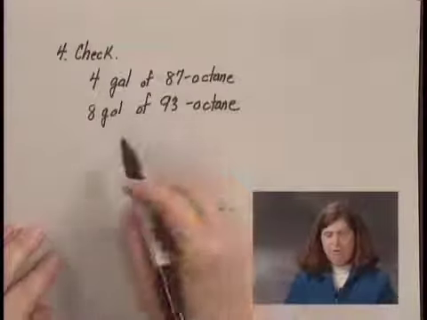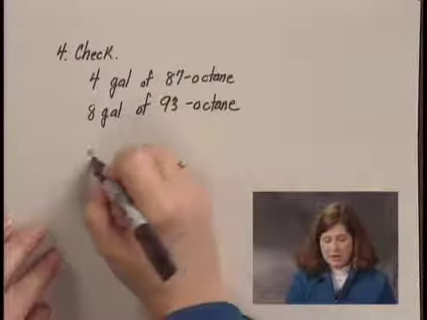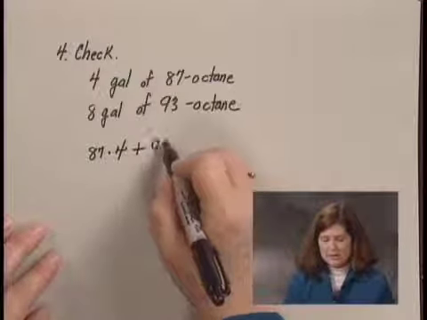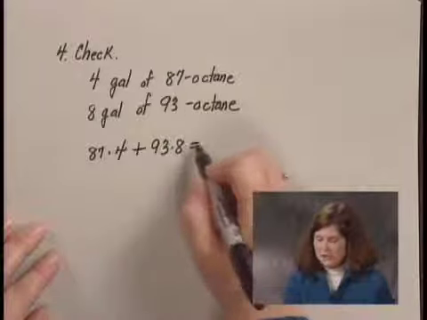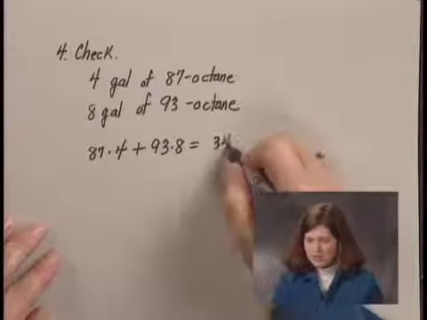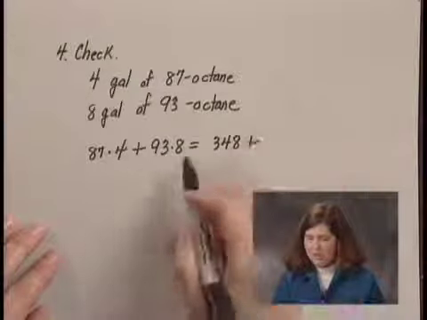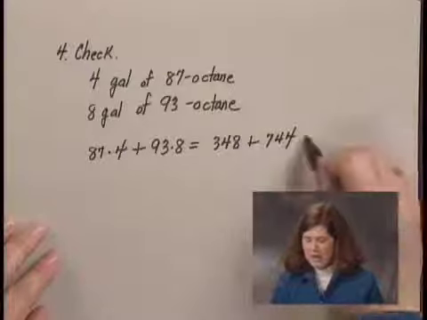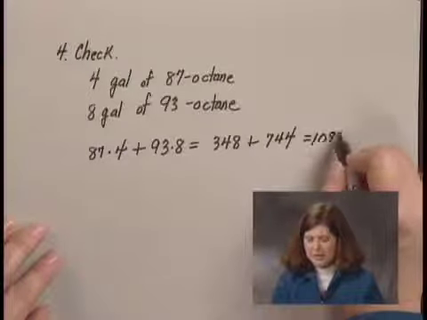Also, let's check the octane rating: 87 times 4 plus 93 times 8. If I multiply 87 times 4, I get 348. Multiply 93 times 8, I get 744. And when I add, I get 1,092.